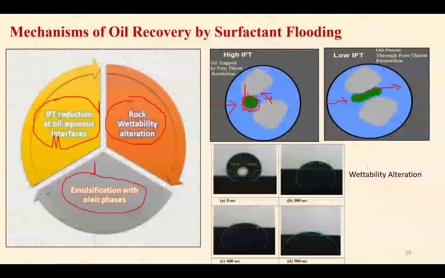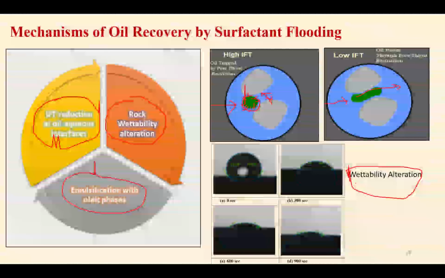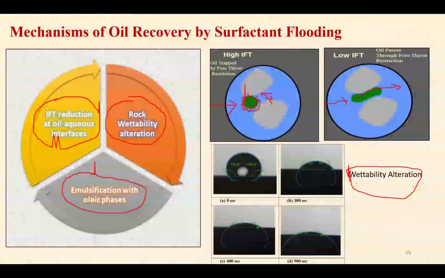Then wettability alteration: they change the wettability of the rock from oil-wet to water-wet, because you know that if the rock is oil-wet, then obviously the recovery is less, and if it is water-wet, then the recovery is higher.